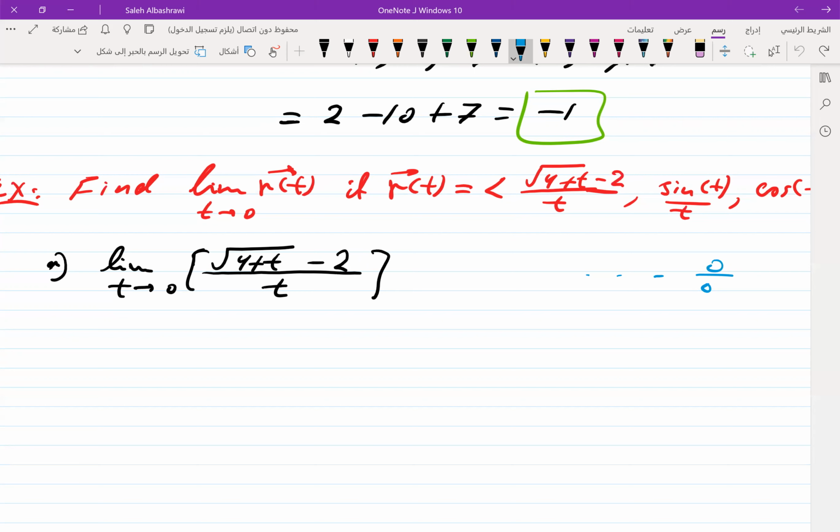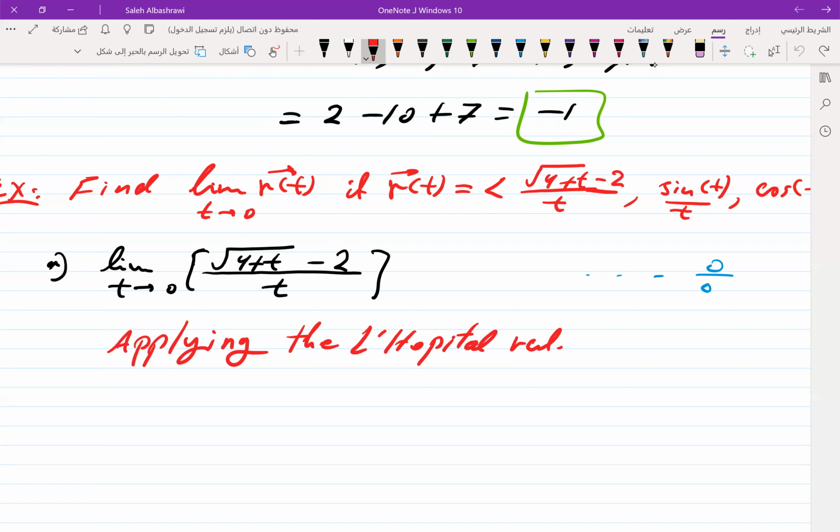If we apply the L'Hopital rule, I will differentiate the numerator and the denominator.